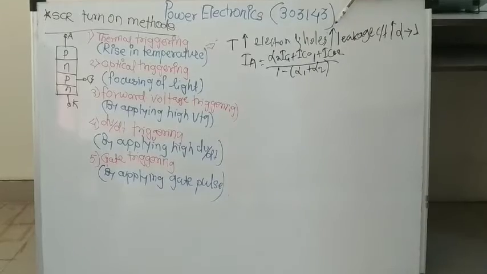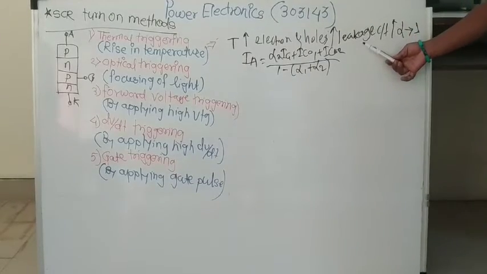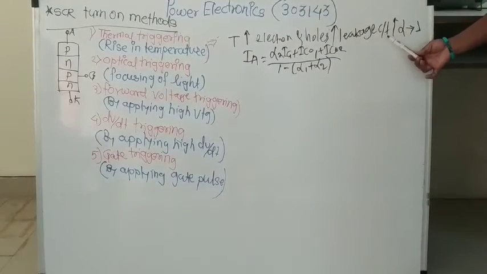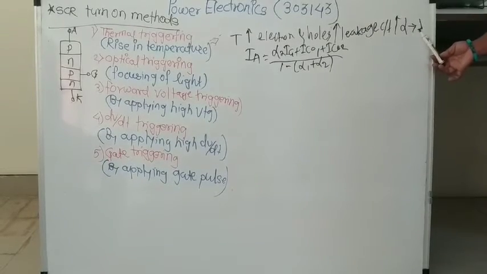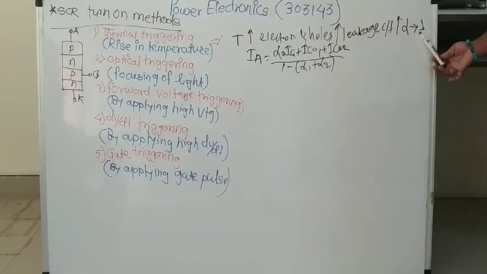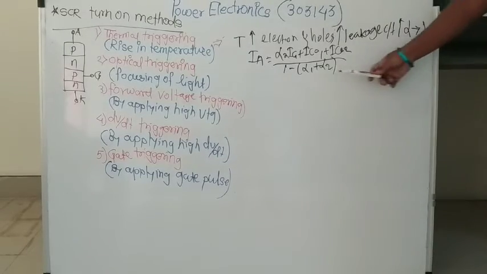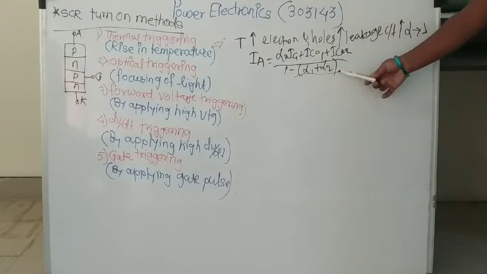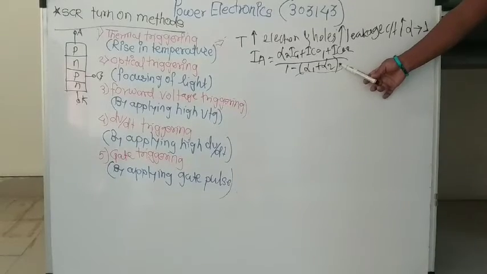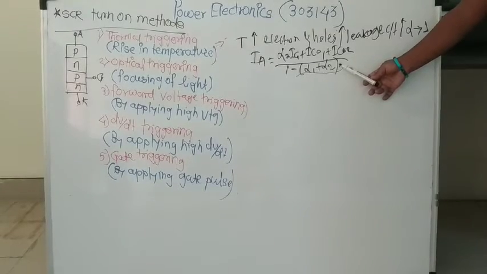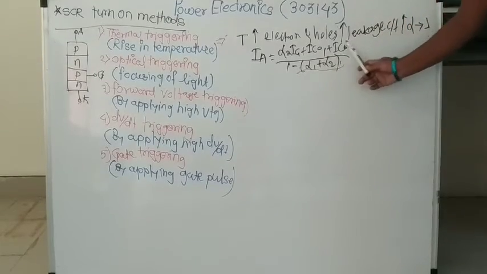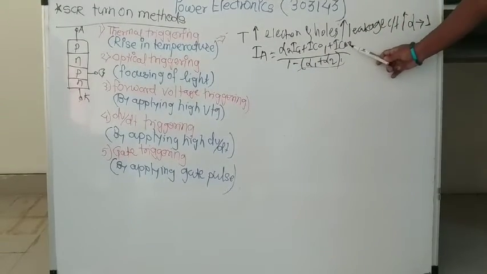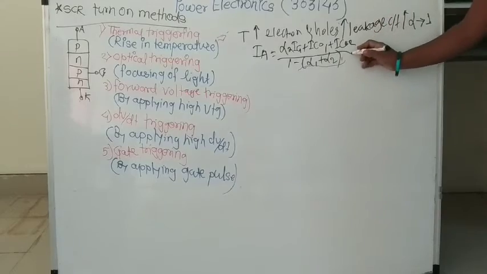As electron hole pairs increase, your leakage current increases. As leakage current increases, alpha tries to become unity, means alpha 1 plus alpha 2 increases and tries to become unity or 1. Then at that time 1 minus 1 becomes 0, means this equation tries to become infinity.